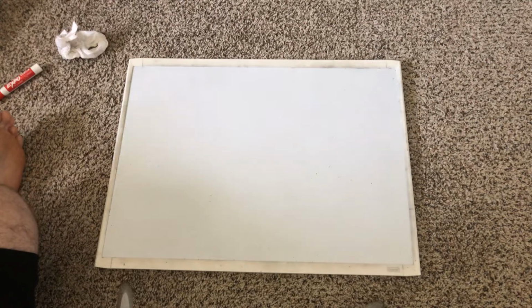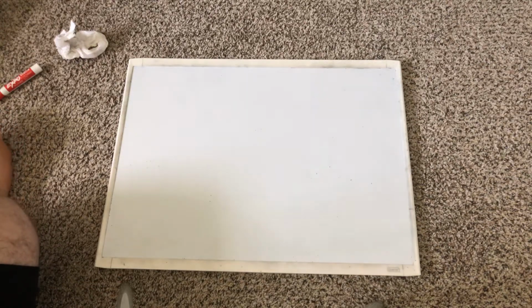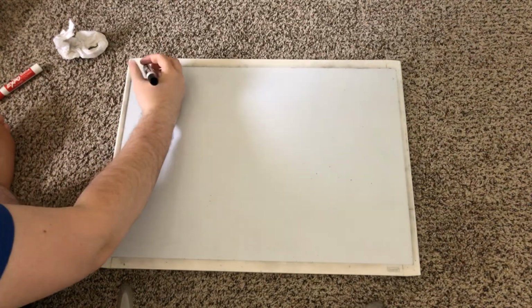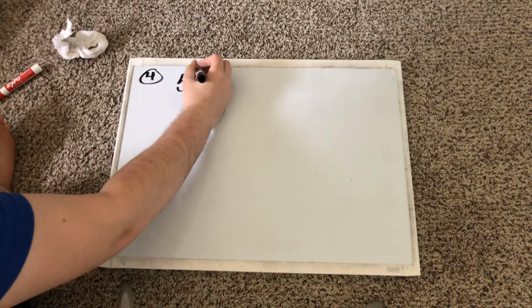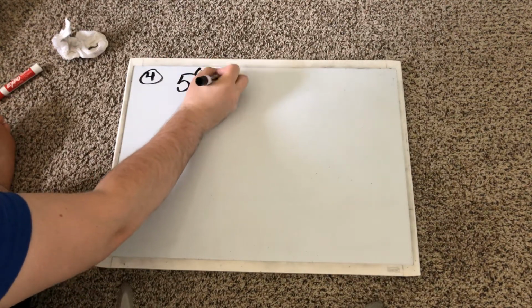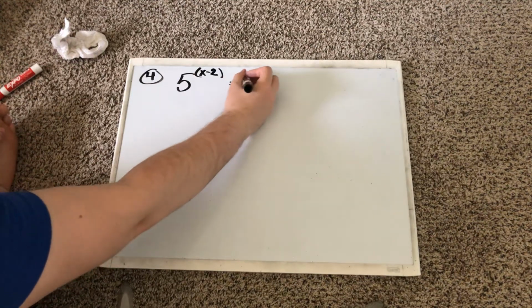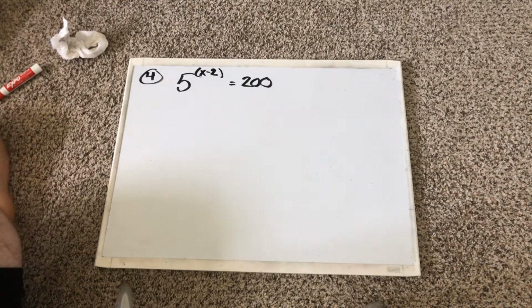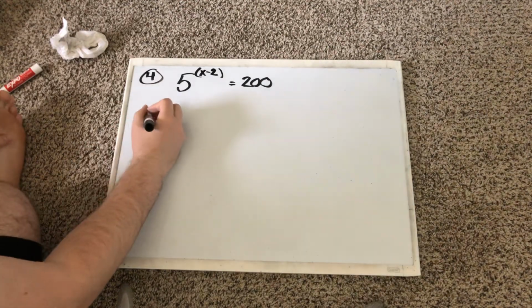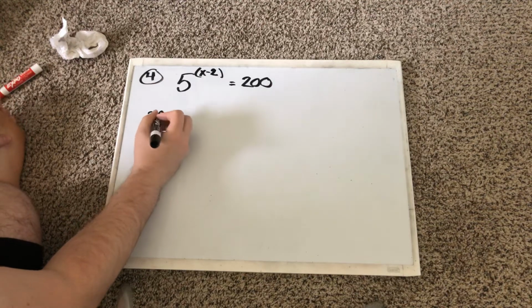Number 4. This is the last one we're doing today. Example number 4. I got 5 raised to the power of x minus 2 equals 200. So, right away, if you want to take a look and see, hey, can I break 200 down with 5s?